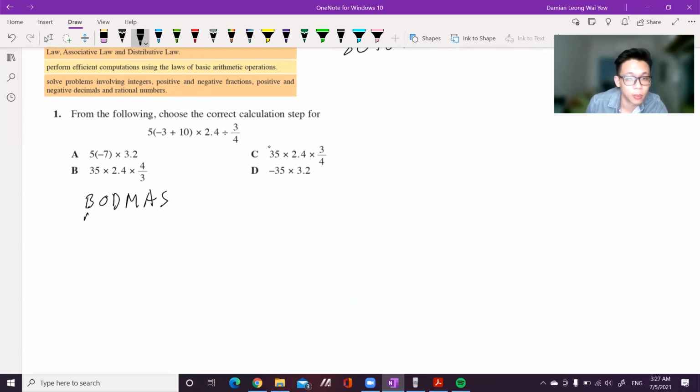B stands for bracket, O is order, D is division, M is multiplication, A is add, S is subtract.